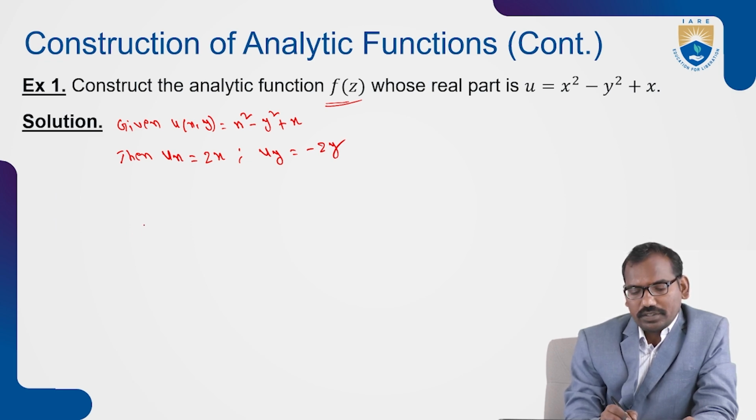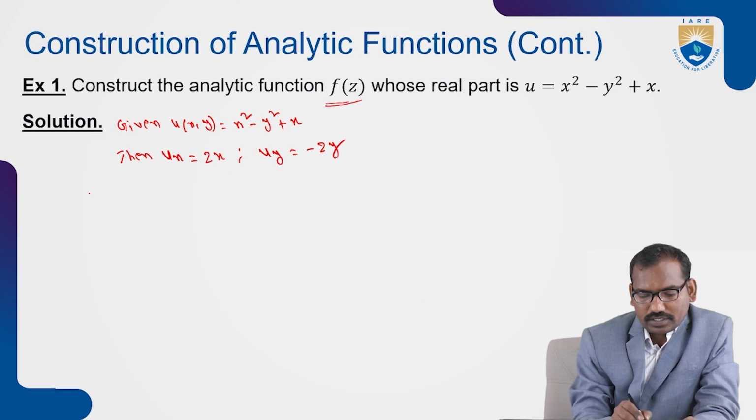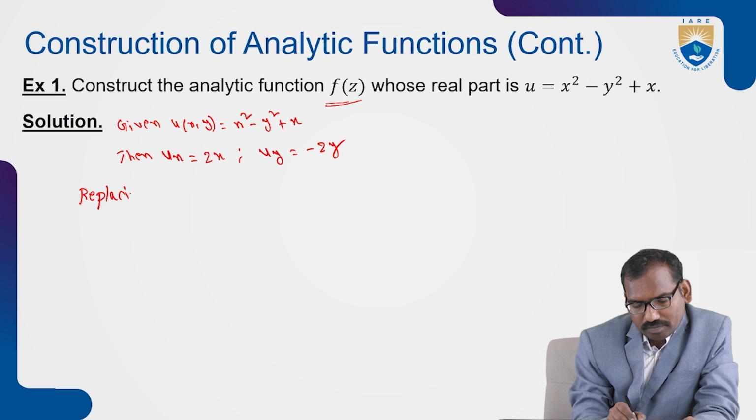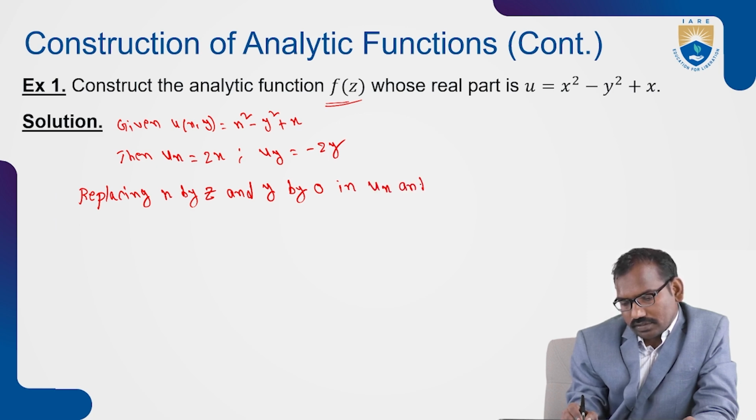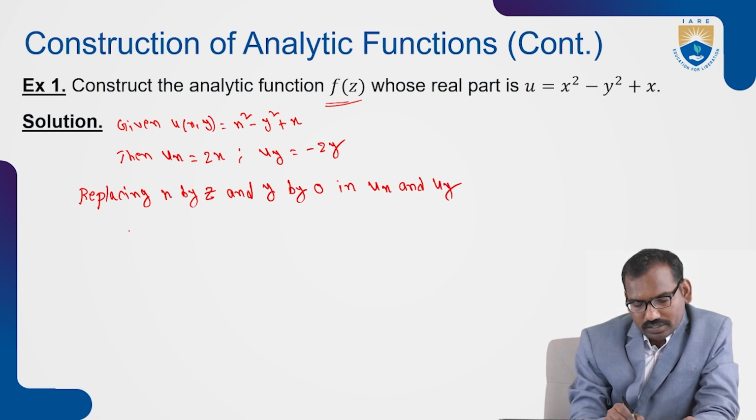Okay. Now in this, what I want to do is replacing x by z and y by 0 in u sub x and u sub y. Then what can we get? This becomes u sub x of z comma 0, because the variable x is replaced by z and the variable y is replaced by 0.